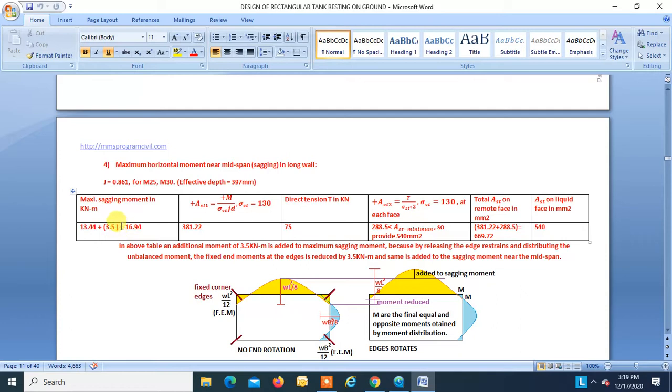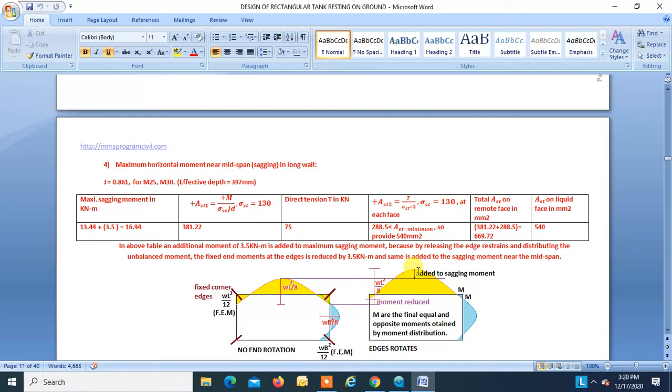The reason I have added this additional moment, let me explain, is that the coefficients given for the individual wall consider that the edges are fixed, so we are getting fixed end moments over here. But we know that we had some unbalanced moment which we distributed, and finally this fixed end moment was reduced. The amount by which this moment was reduced has to be added over here.